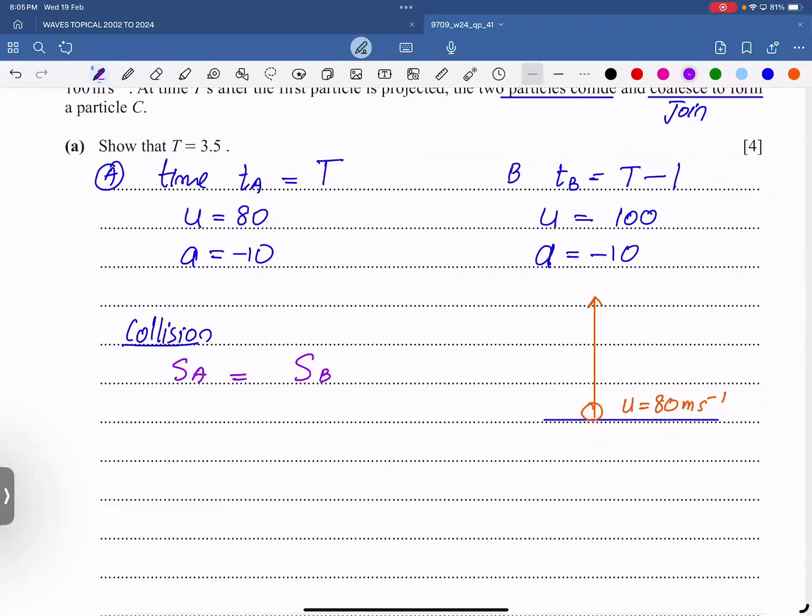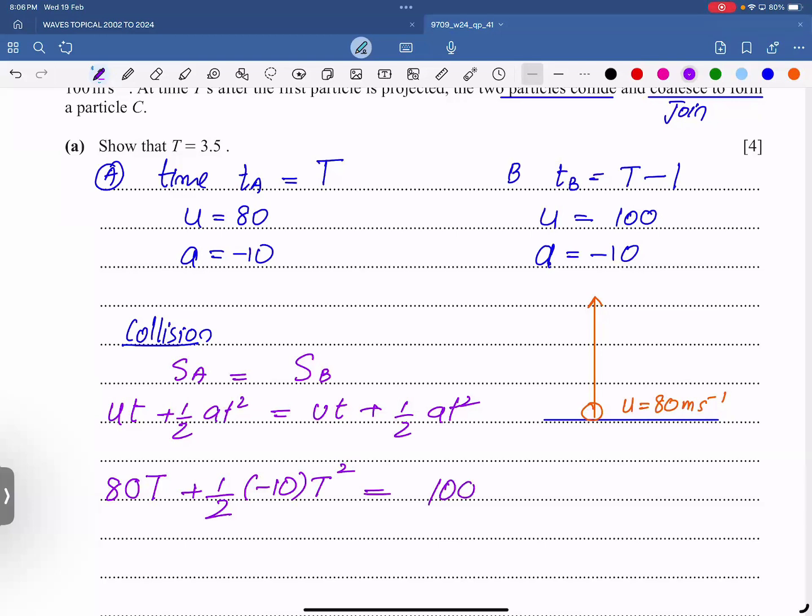You will use ut plus half at square for both of them. On the left side I'm using A, which is 80t plus half times negative 10 t square. On the right side I'm using B, 100 times (t minus 1) plus half of negative 10 times (t minus 1) whole square.